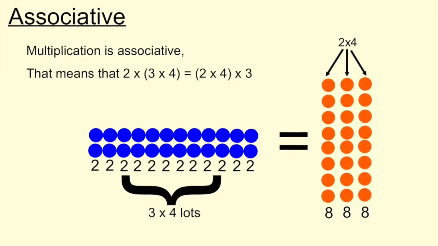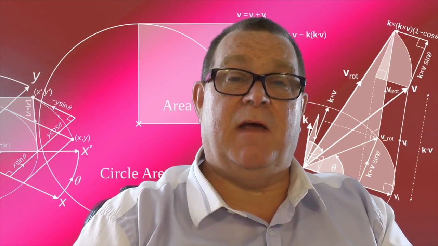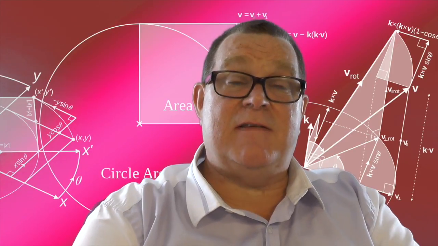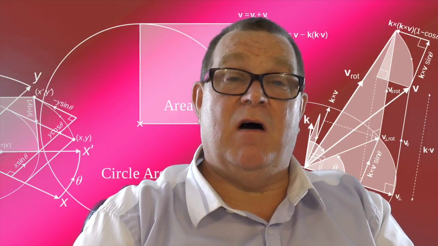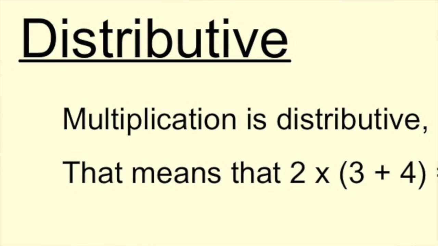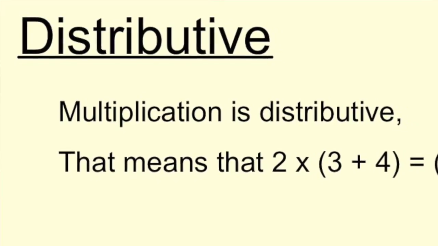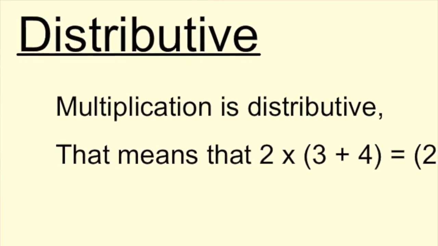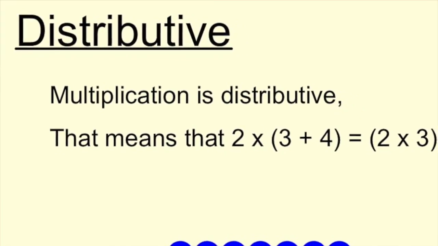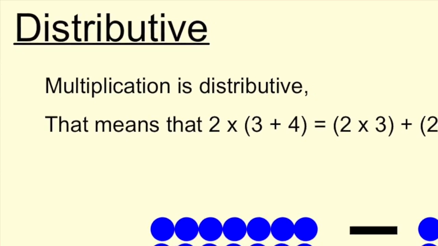24. Now the final rule or final property of multiplication is what's known as the distributive property. And that simply says that if we are multiplying something by an addition of 2 things together, we can either make the addition first, then multiply the result of that, or we can multiply each element of the addition by the times, and then add the digits together.